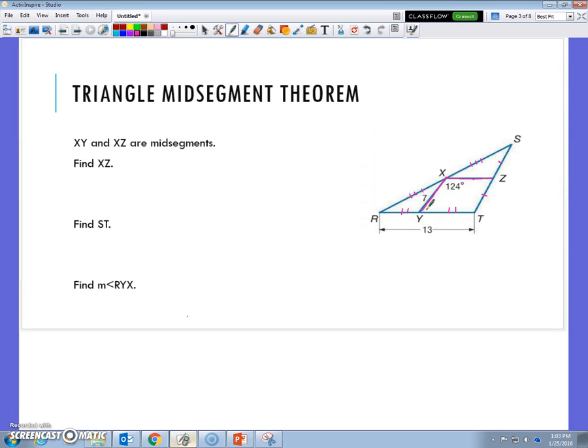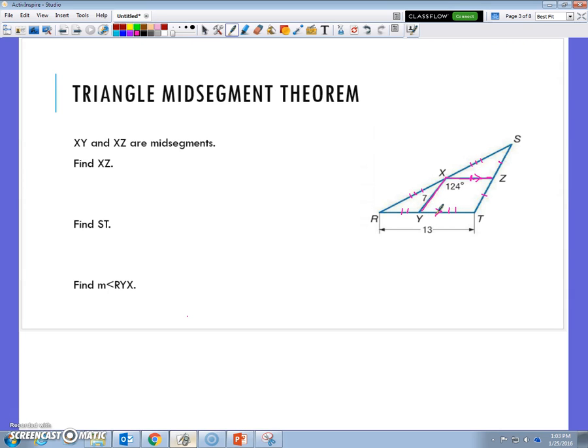So let's just go ahead and figure out what is XZ. XZ is represented by this guy right here. To find XZ, we're going to use the triangle midsegment theorem. It says that if I have this big triangle, RST, and I have its midsegment right here, it is guaranteed to be parallel to this guy.